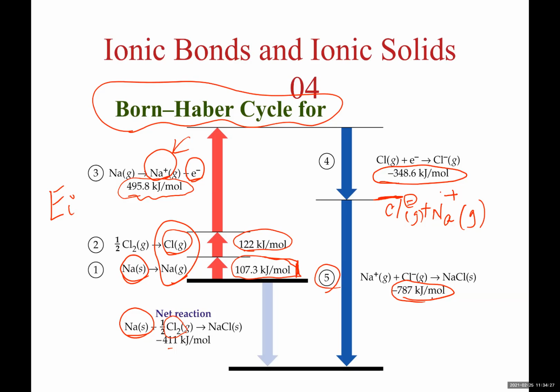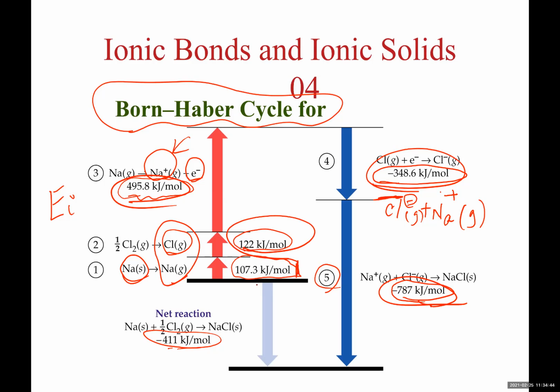So the total of these 5 processes is going to give me this value. Add all the negatives with all the positives. And this is the result you get.